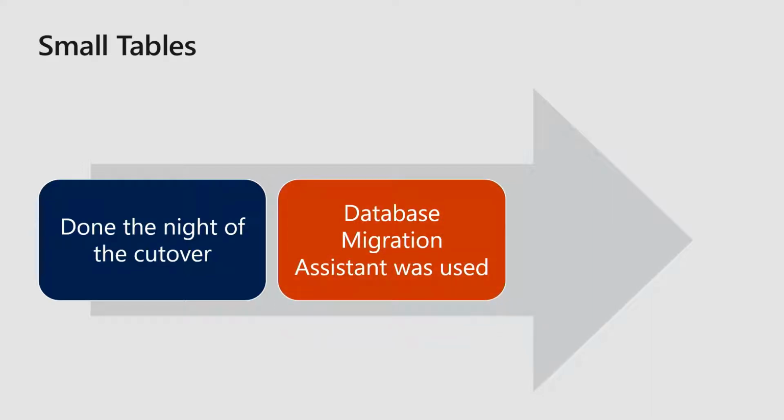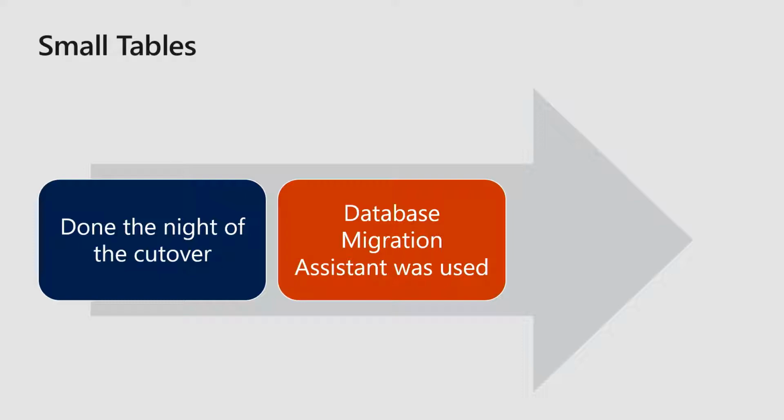With our smaller tables, we fired up the database migration system and did those on the night of the cutover. They were very, very simple, just our lookup tables as we were moving them across to SQL Server. This was a very simple process because the Database Migration Assistant took care of all the heavy lifting for us.